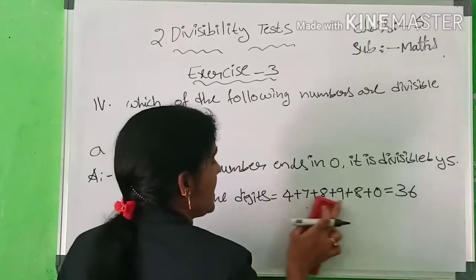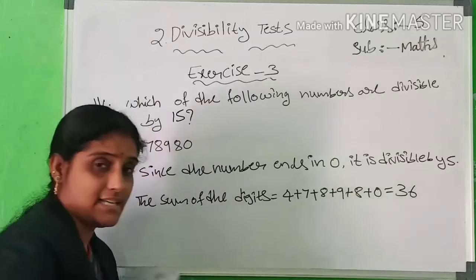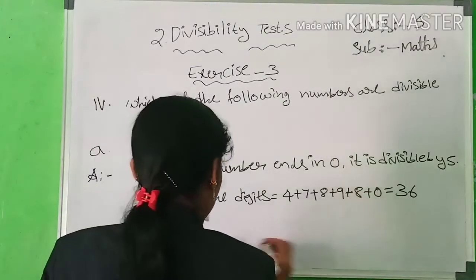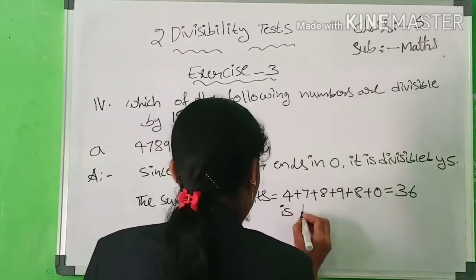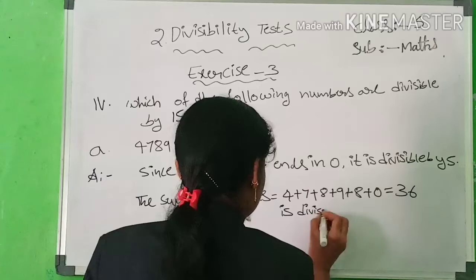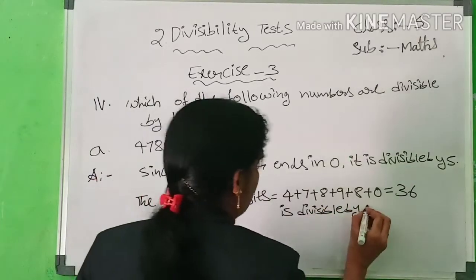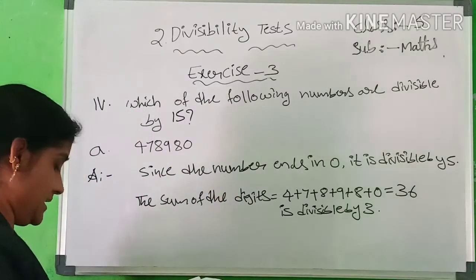Does 36 come in the 3 table? Yes. 36 is divisible by 3.